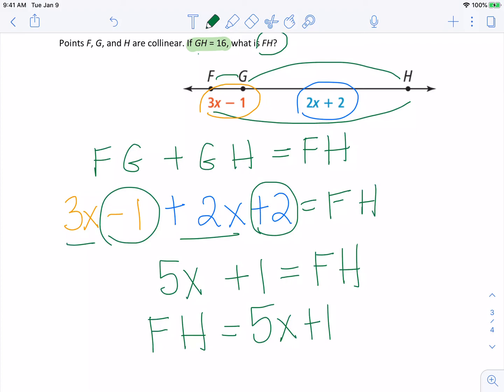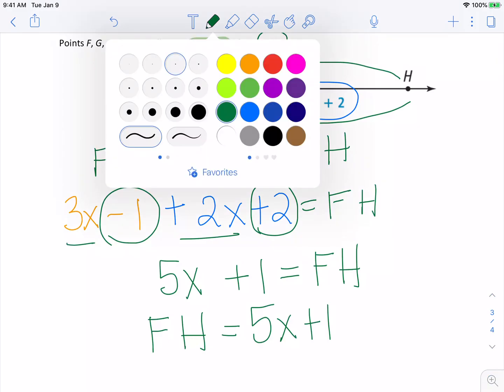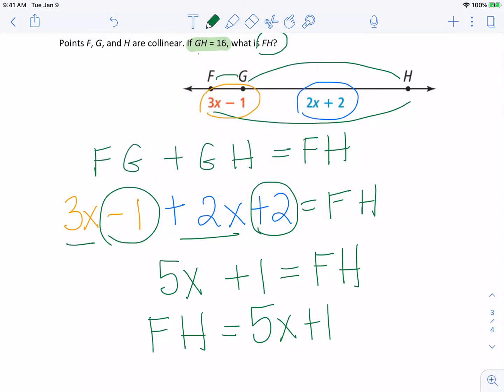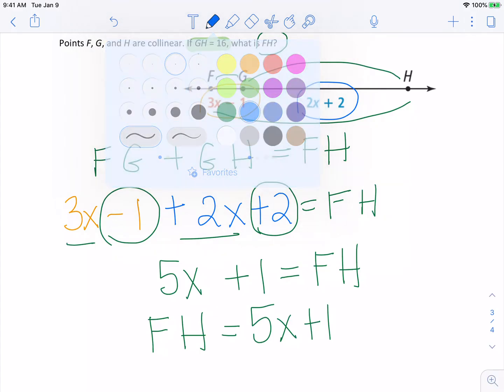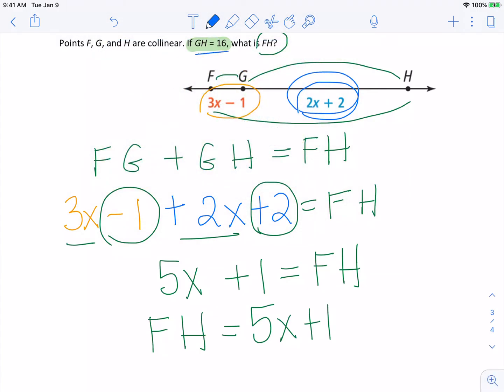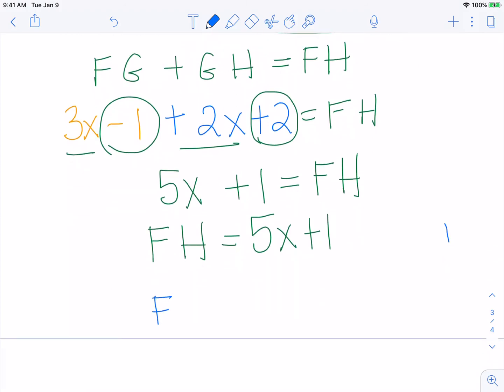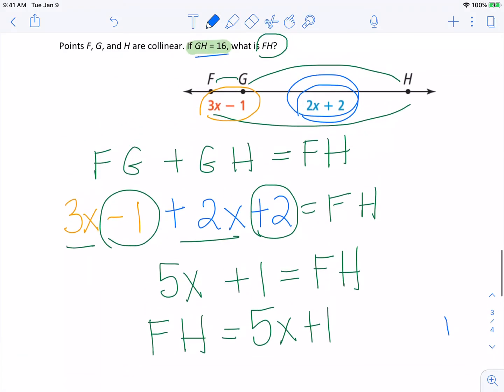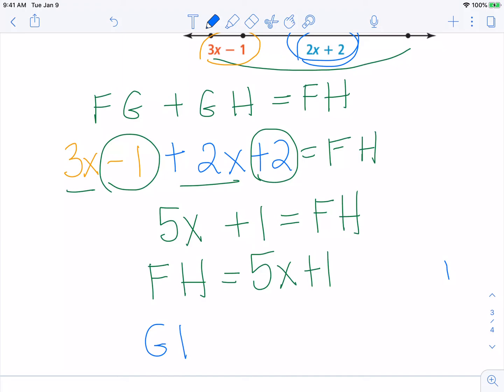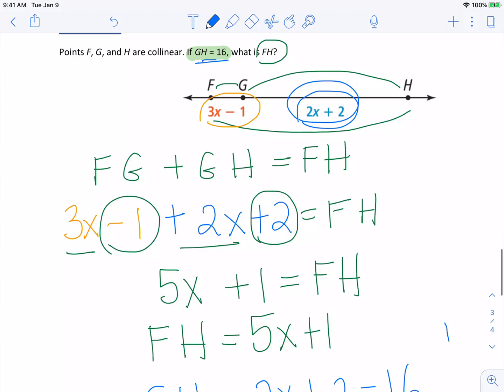Well, I still have that x, and we have to figure out what x equals first. So I'm going to actually go back to GH. We know that GH, this one, equals 16. So let me write this first. GH equals 2x plus 2. And we're given that that equals 16 from the top here.